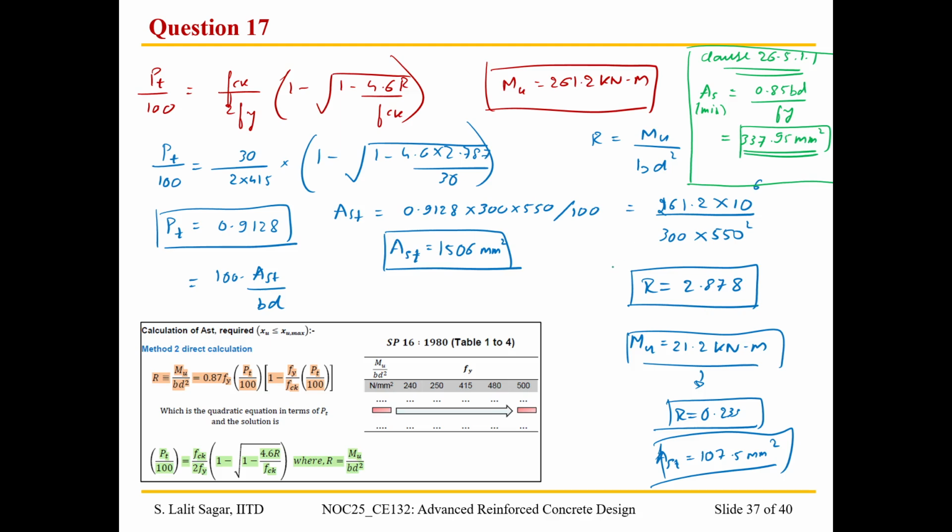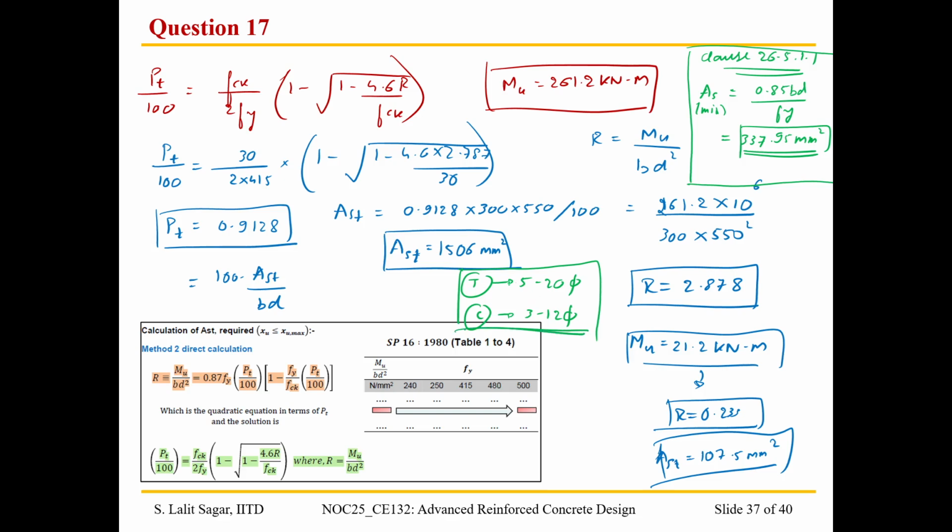So for the current problem, based on this, for the tension zone, I am providing 5 bars of 20 millimeter diameter, and for the compression region, I am providing 3 bars of 12 diameter. Please take a note of this result.